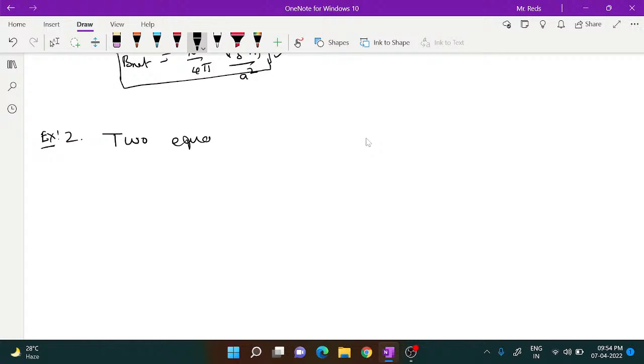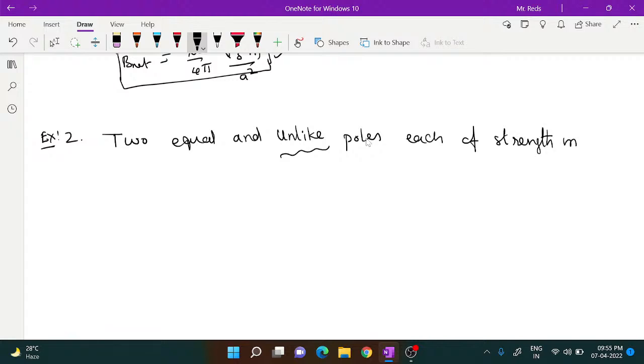Two equal and unlike poles, each of strength m, are placed at the two corners of an equilateral triangle.